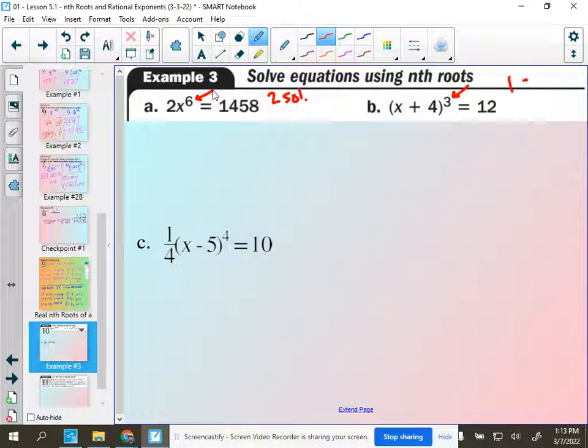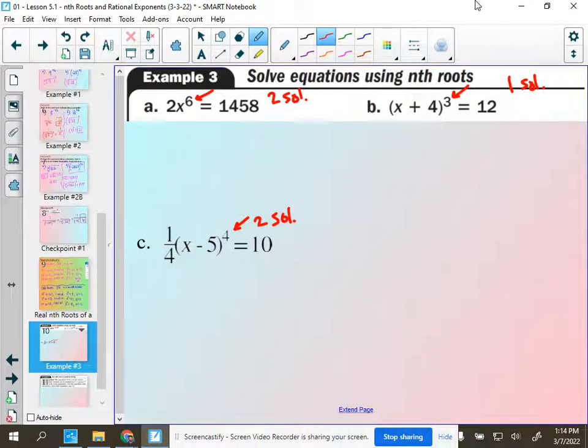I'm going to need 1 solution. And then this one, again, because it's even, we're going to end up with 2 solutions. Now, potentially, I don't know for sure. We could end up in negative numbers and say no real solutions. But I'm just putting myself on alert a little bit. Potentially 2 solutions versus 1 solution.